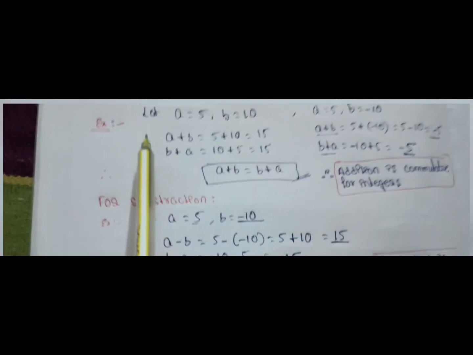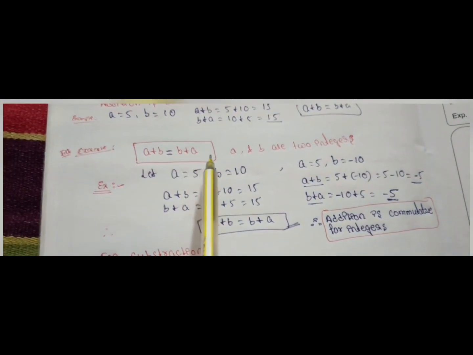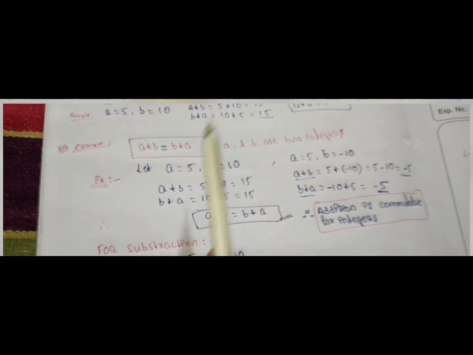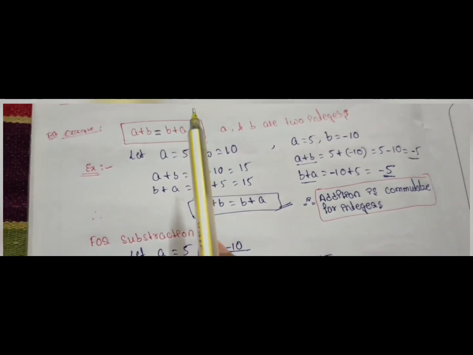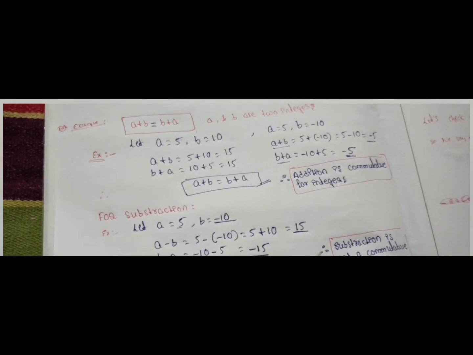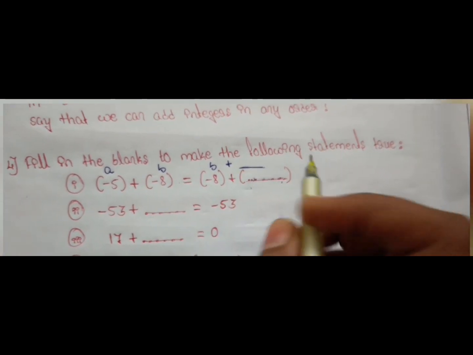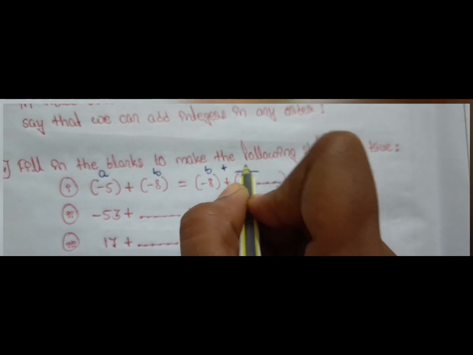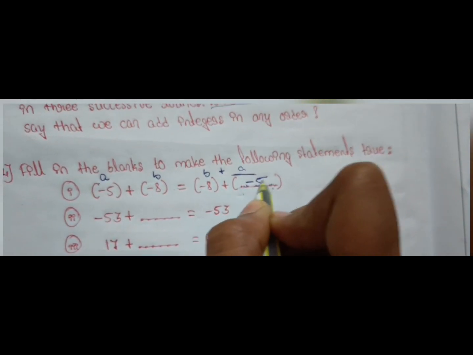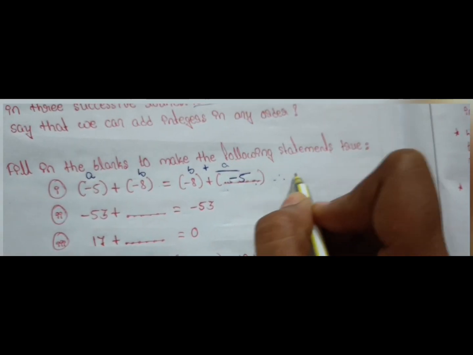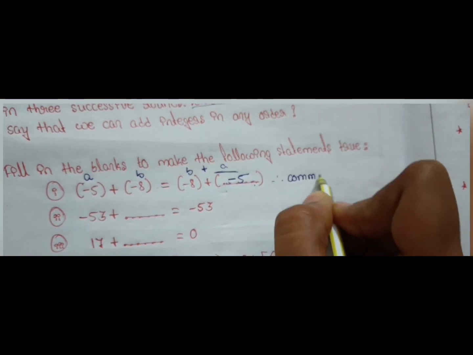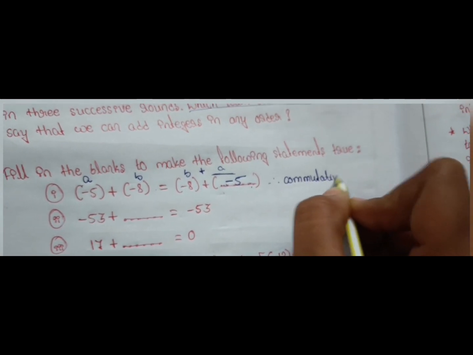A plus B is equal to B plus A. This property is satisfied for integers. So A plus B is equal to B plus A. What is A? -5. So -5 is the answer. Here we applied commutative property.